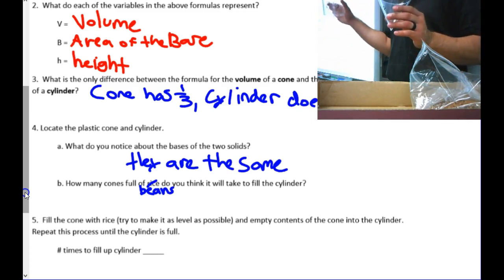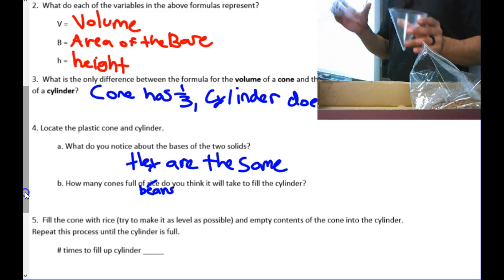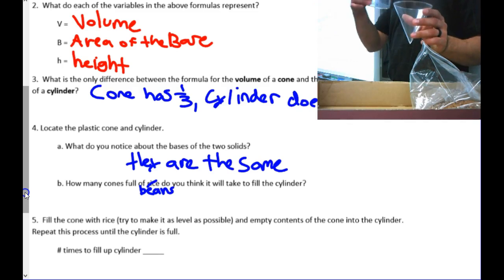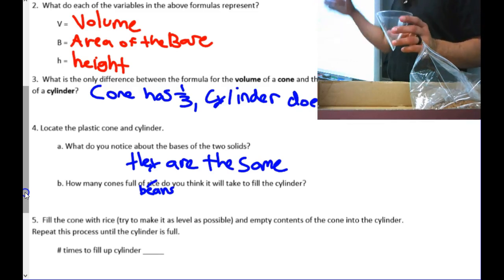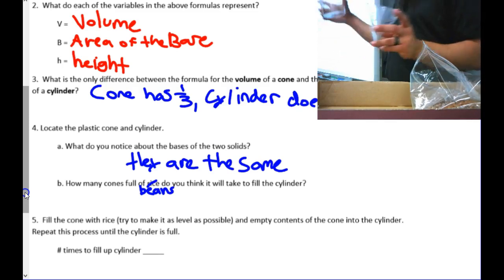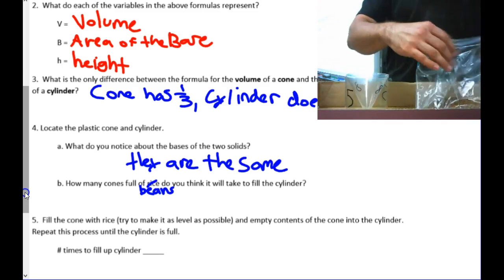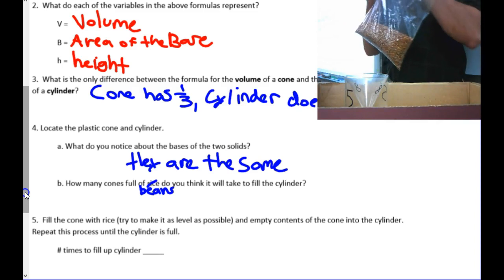Raise your hand. Okay, I got a hand or 2. Who thinks 3 cones will fit in a cylinder? Couple hands. Who thinks 4 cones fit in a cylinder? Who thinks more than 4? Okay. So, let's do the experiment. Now, last time I ended up spilling the beans.